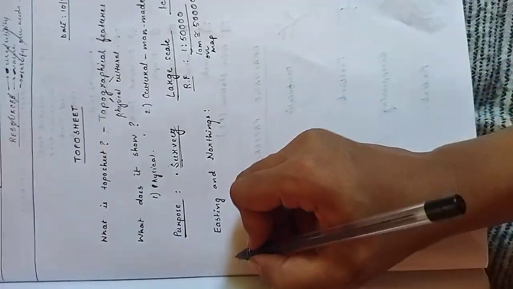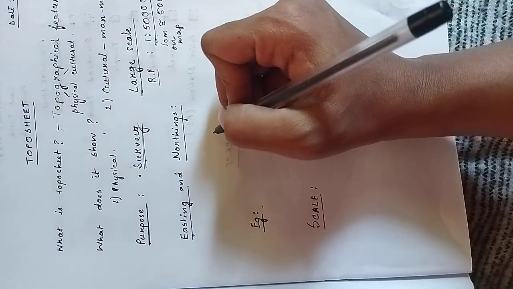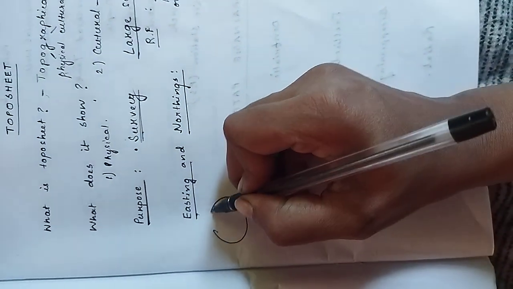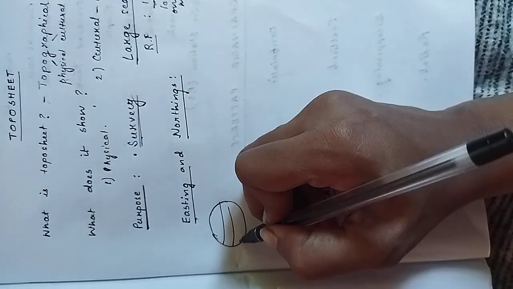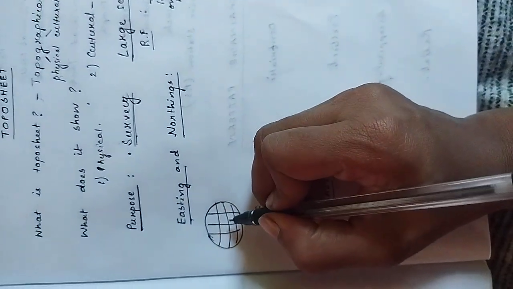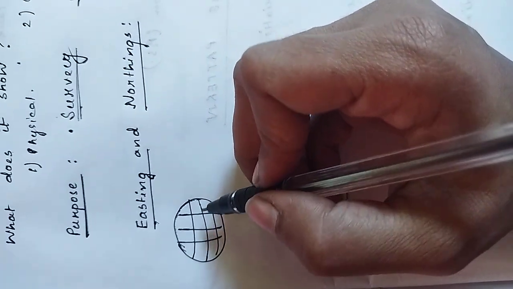Another important thing to understand is the easting and the northing. Like latitude and longitude, if this is the earth, these are the latitudinal lines and these are the longitudinal lines. These lines are imaginary lines, made to understand the exact location of a place.